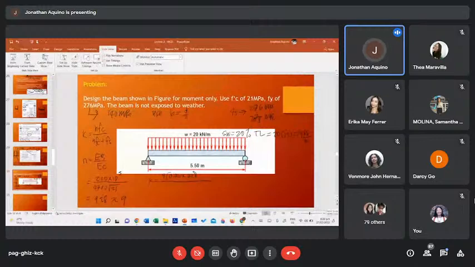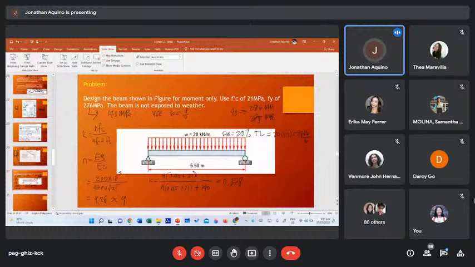So fs is 140 megapascal. So take note that your k should always be less than 1. So 9 times 0.45 times 21. So k is 0.378.